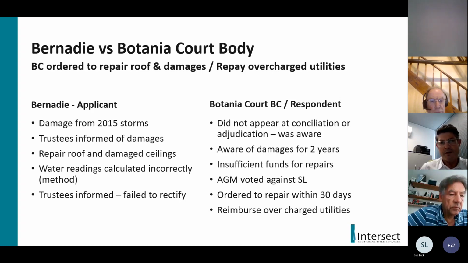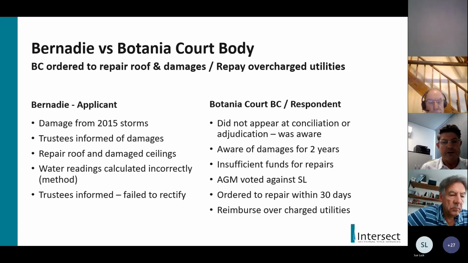On the body corporate side, they did not appear at the conciliation or adjudication, although they were informed about it. They were aware of the damages for at least 2 years. The body corporate at that stage had insufficient funds for the repairs. What the trustees did was call an AGM and vote against a special levy to raise funds to repair the roof.